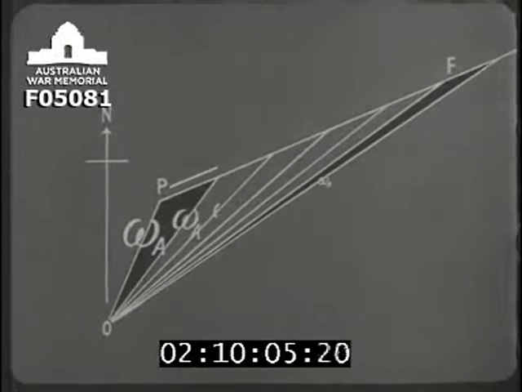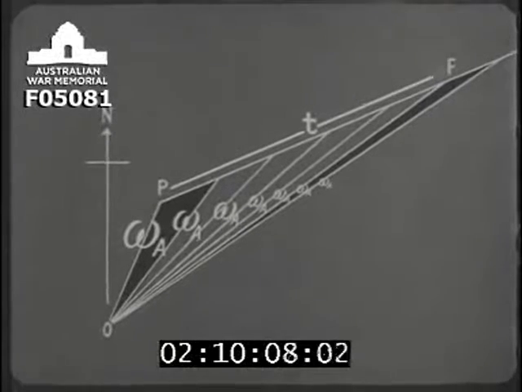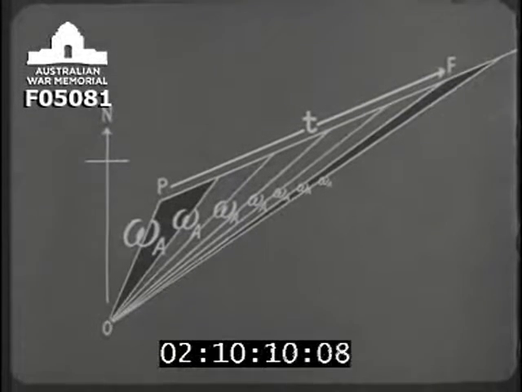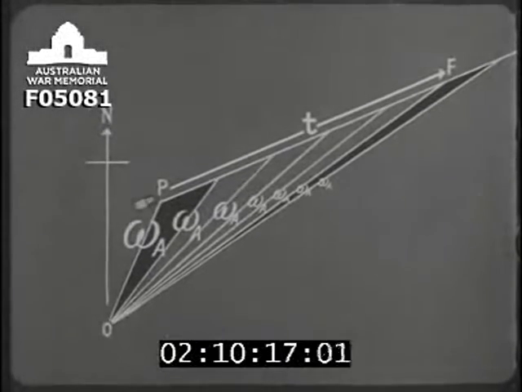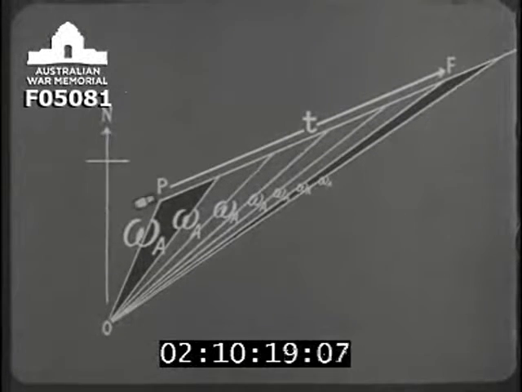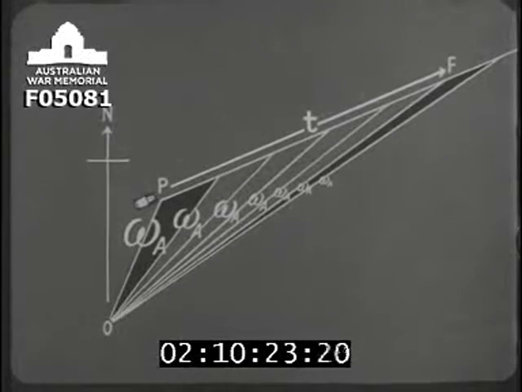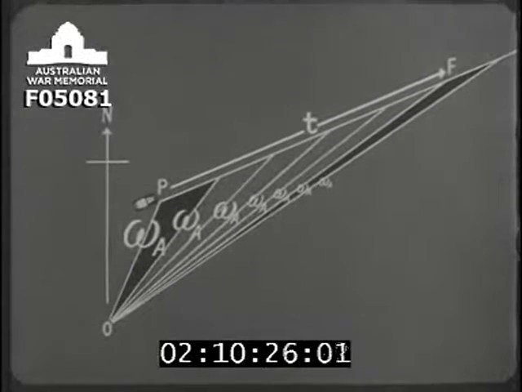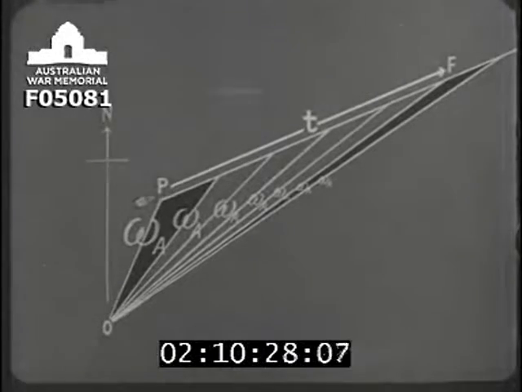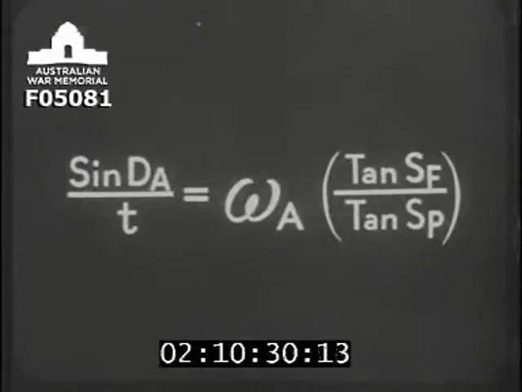Evidently, in this case, t into omega A would give us the wrong answer, because all these omega A's are different. We really want the average omega A, but we actually measure it when this target is at P. Mathematicians tell us that instead of dA equals t omega A, we should write sine dA over t equals omega A into tan SF over tan SP. This is, in effect, multiplying the average omega A by t.